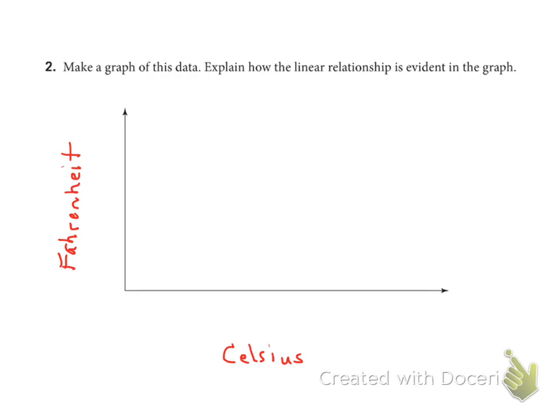So if we start out at 0, what increments would you like for Celsius? Yeah, let's go with 5. How about Fahrenheit? We have to get up to nearly 70. Yeah, let's go by tens.